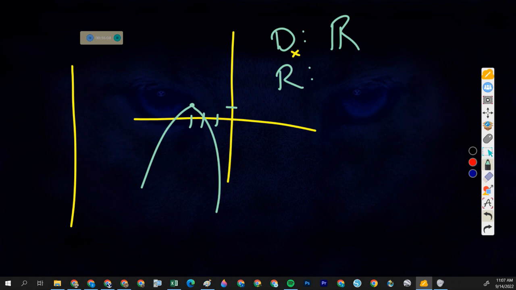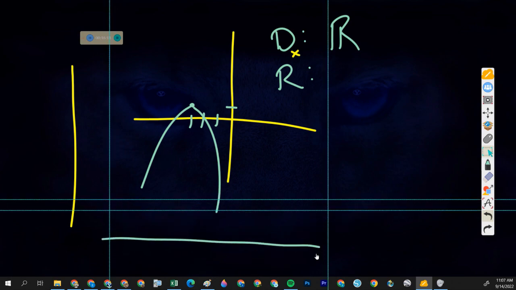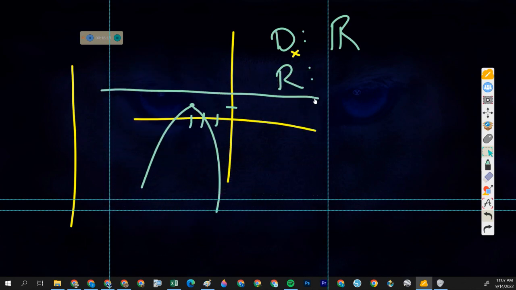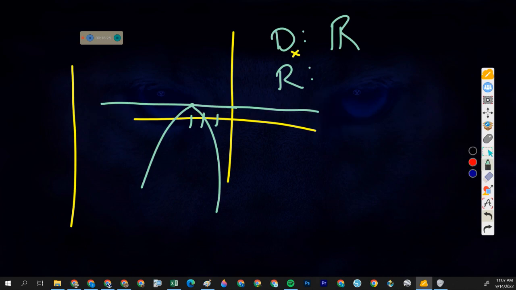Okay. For the range, I draw a horizontal line. When does that horizontal line hit the graph? Does it hit down here? Yes. Hit, hit, hit. What about up here? No. Right. So what we say is y is smaller than or equal to 1. Okay. What if I had this parabola?